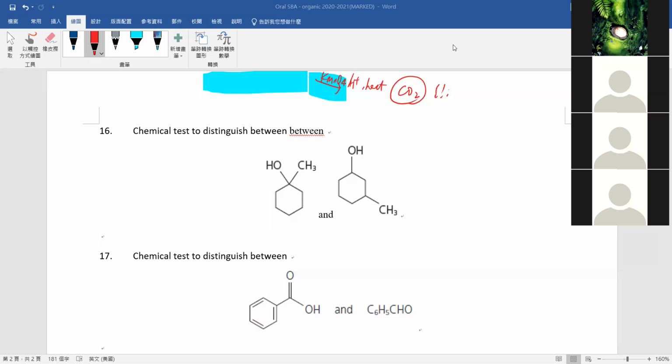Can you elaborate more? If you use Lucas reagent, what will happen? Tell me what that is. What makes Lucas reagent? The chemical inside? Forgot? Just HCl only?